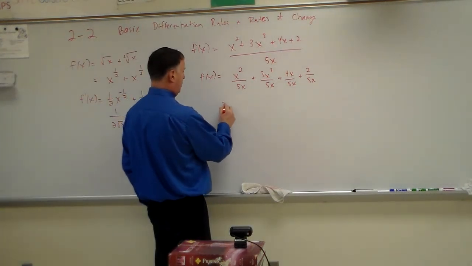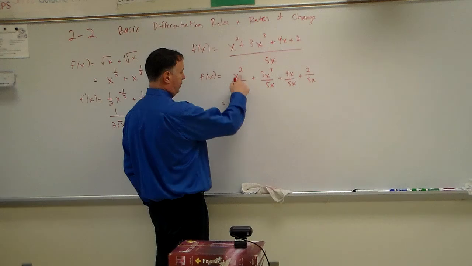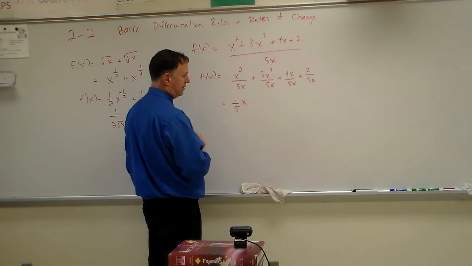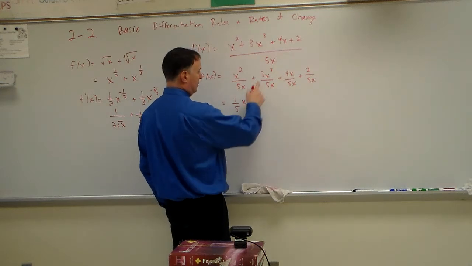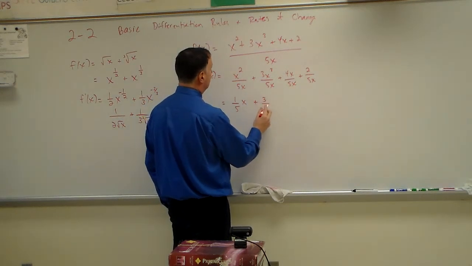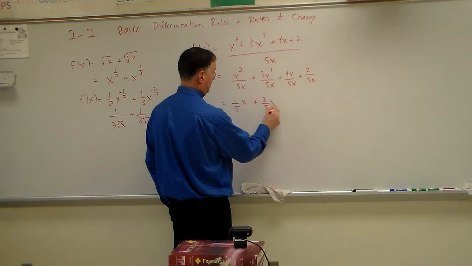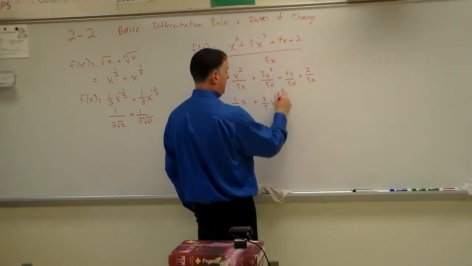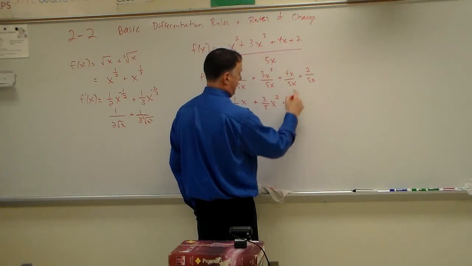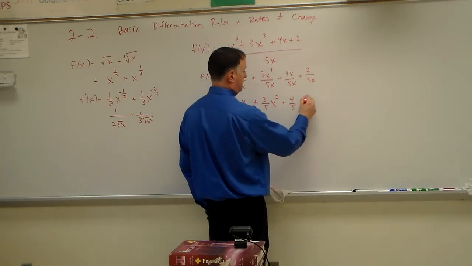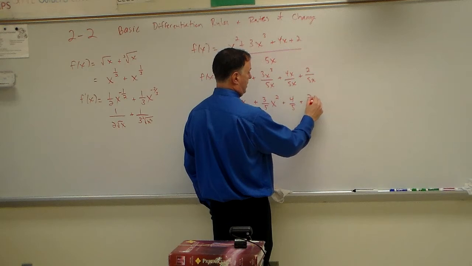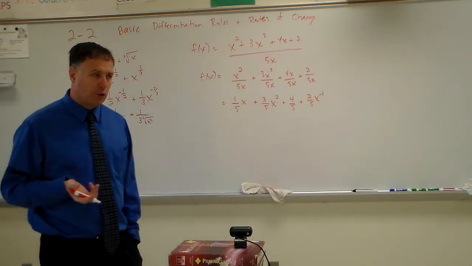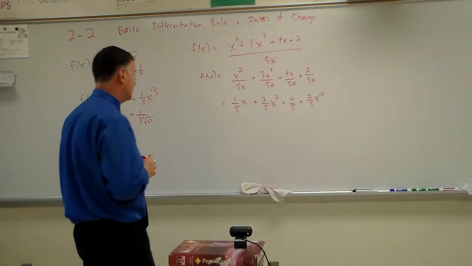So this one would be 1/5 x squared divided by x, 1/5 x, plus 3/5 x cubed divided by x is x squared. And then this is just going to be 4/5 because my x's cancel. And this is going to be 2/5 x to the -1 because we can't have fractions, so we have to utilize these negative exponents.